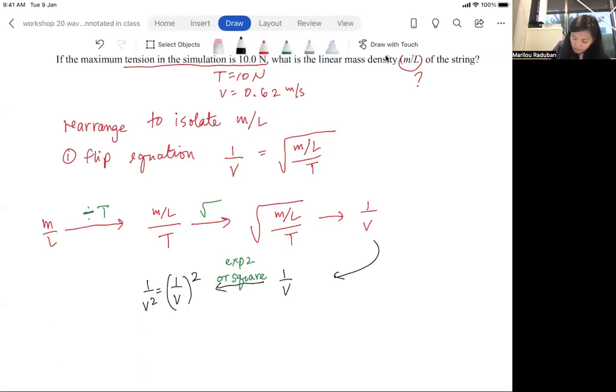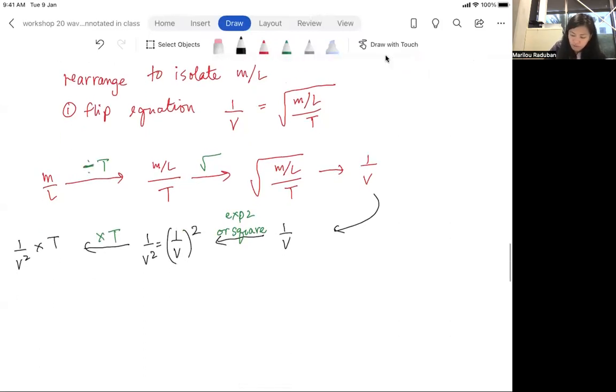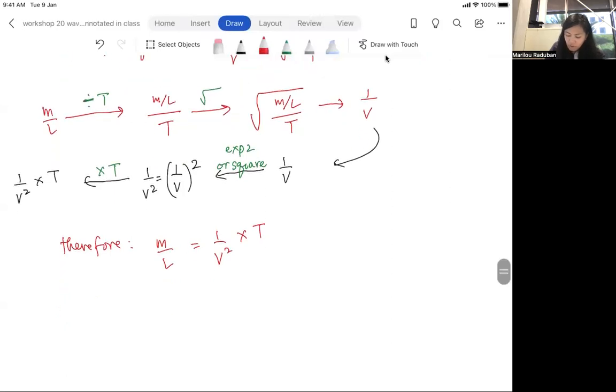Then do the reverse of the division, which is multiplication. You multiply by T, so you have 1 over V squared times T, and that gives you M over L. Therefore, M over L is equal to 1 over V squared times T, or simply T over V squared.